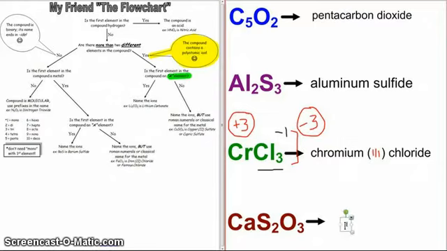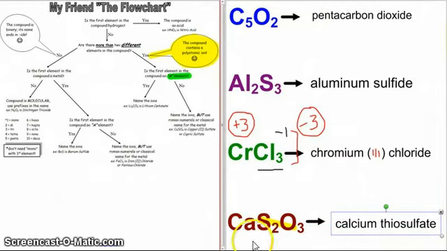So again, calcium, and then I have to recognize S2O3 as being a polyatomic ion. And so that S2O3 is what we call thiosulfate. And so this compound is calcium thiosulfate.